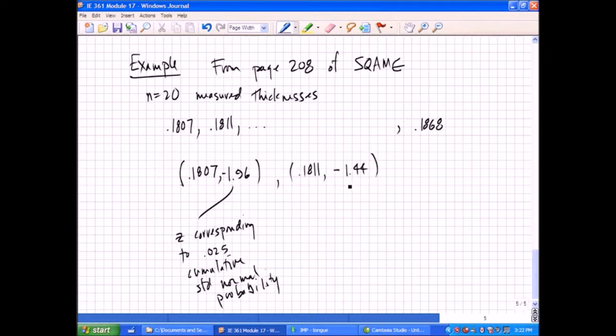And the news here is that this point is the z not corresponding to 0.025, but z corresponding to 0.075, etc. Okay, and I'm going to make a plot of 20 plotted ordered pairs.